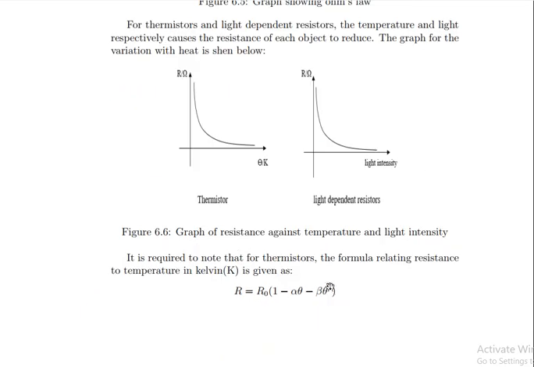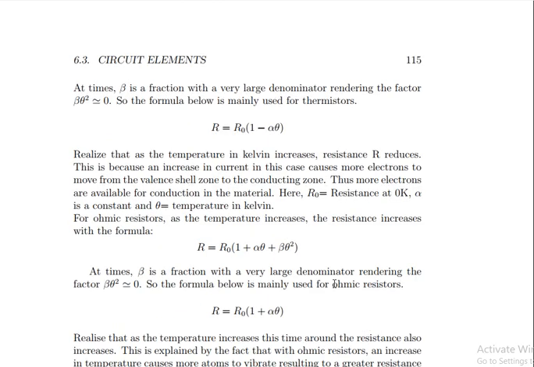But we need to know that this beta theta squared term is approximately equal to 0 in most cases. So the formula used for a thermistor is R equals R0 times 1 minus alpha theta. This formula states that if temperature increases, the resistance reduces from the initial resistance, which is the resistance at 0 Kelvin.